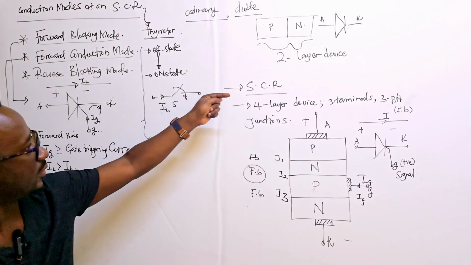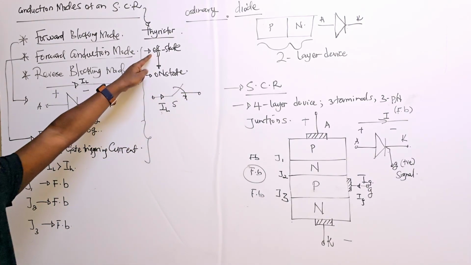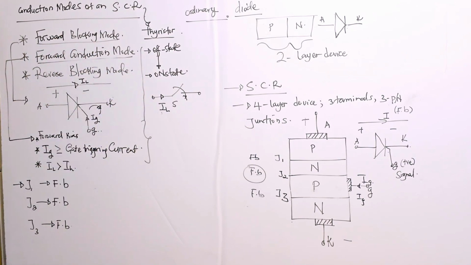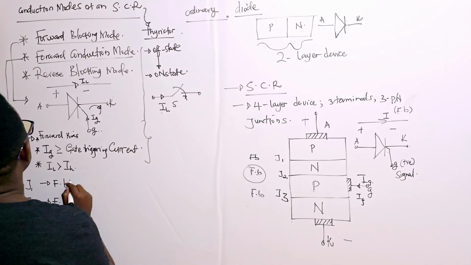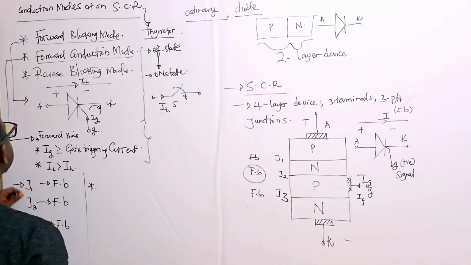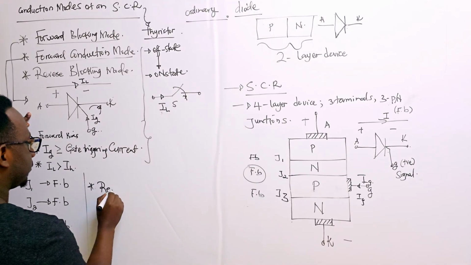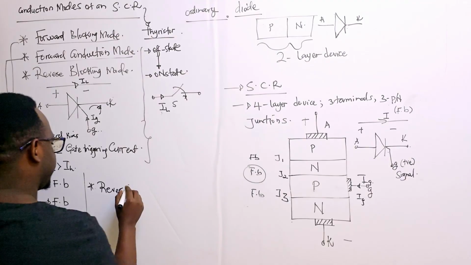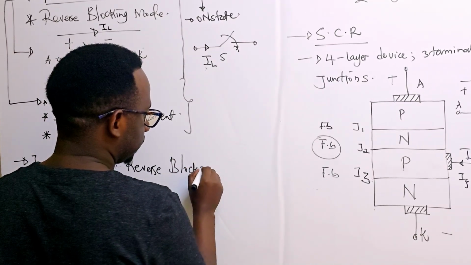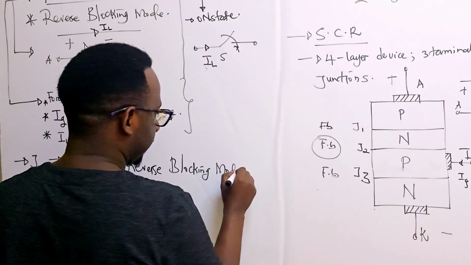We can have the thyristor go from full forward blocking mode to full forward conduction mode. That's interesting. The other mode, let's continue with the last mode, that is the reverse blocking mode.